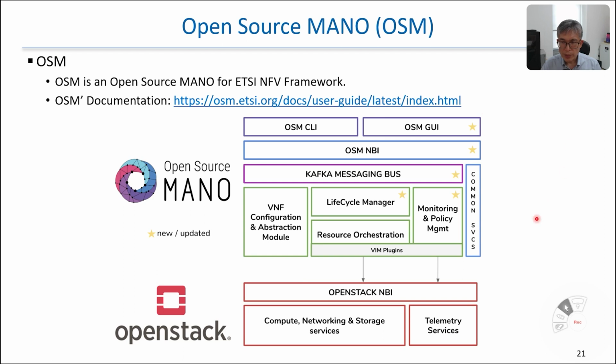Basically, it makes the MANO system, using the OpenStack northbound interface to govern compute, network, and storage services. Here at the upper layer are the OSM client and OSM GUI, and then we provide the OSS and BSS, the operator support system and business support system.